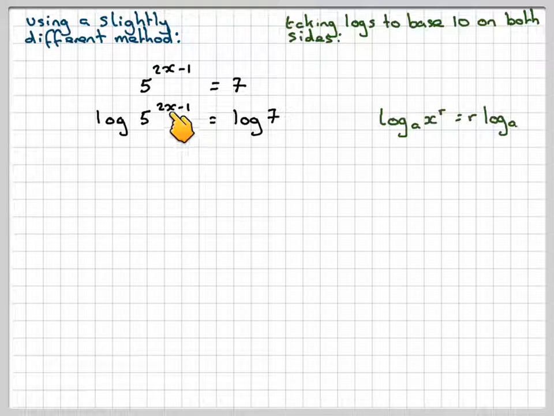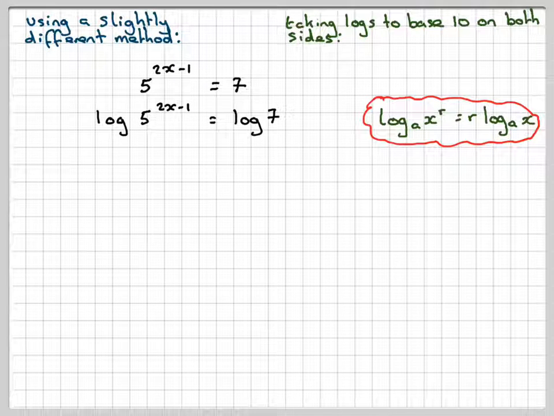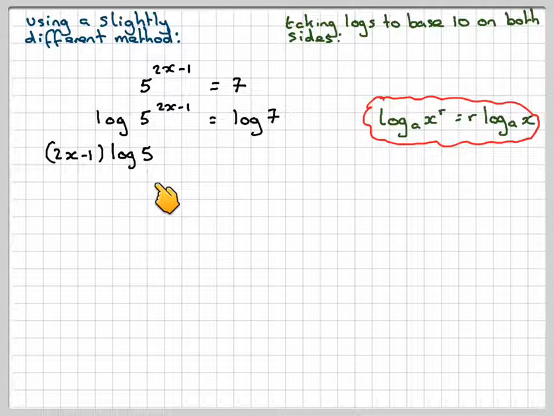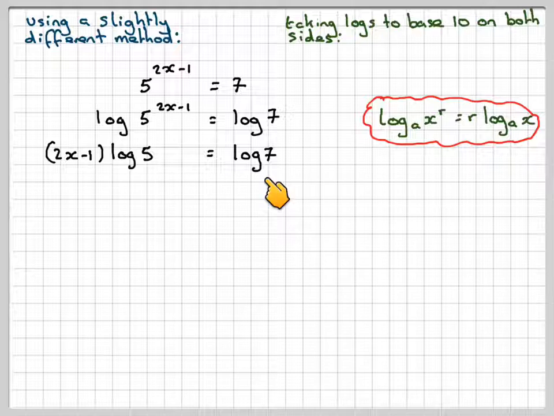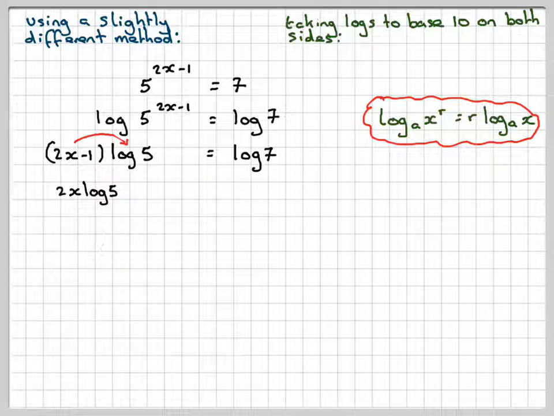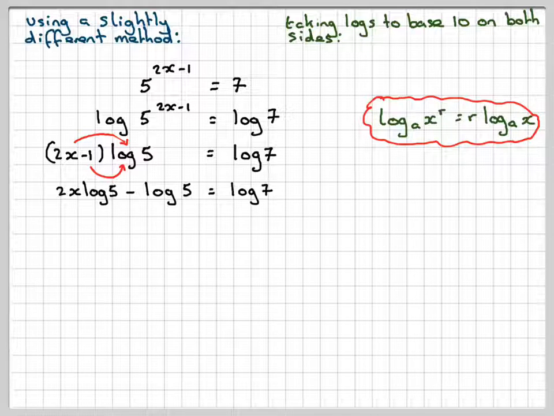Bringing the power down in front, making sure you put it into brackets, you get 2x minus 1 times log 5 is equal to log 7. So we've got back to where we were the first time. Now what we do is we expand this bracket, so we get 2x log 5 minus log 5 is equal to log 7.